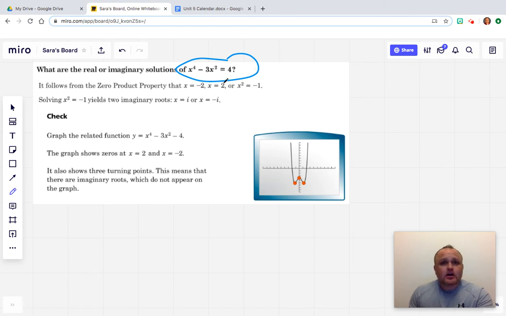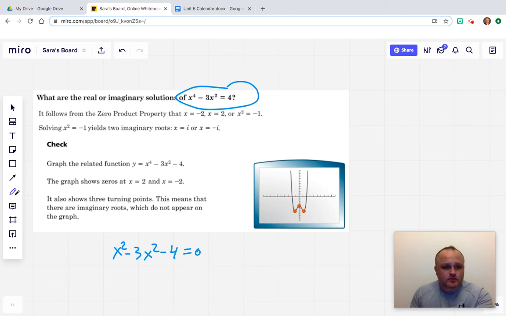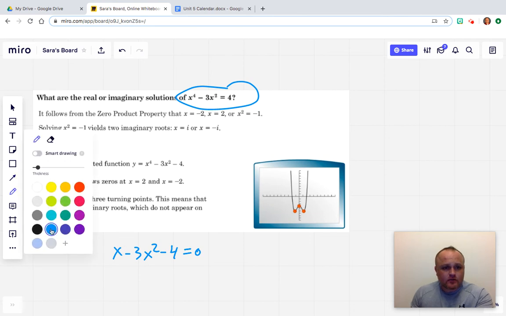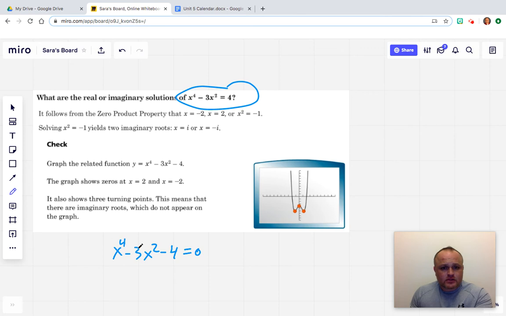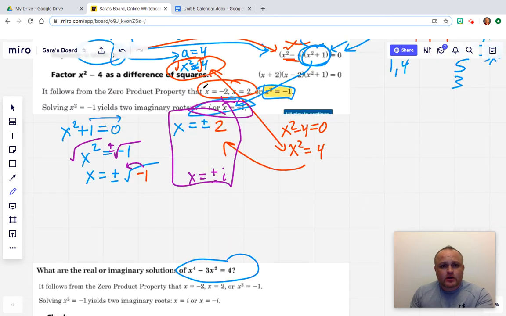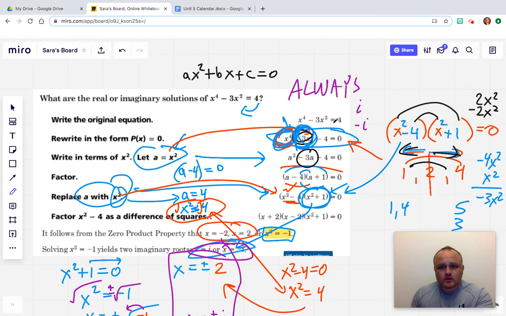I'm going to move this 4 over and set it equal to 0. So we just subtract it over from both sides. And this is the x to the 4th, oops, made a mistake there. This is the x to the 4th minus 3x squared minus 4 that you see right here.